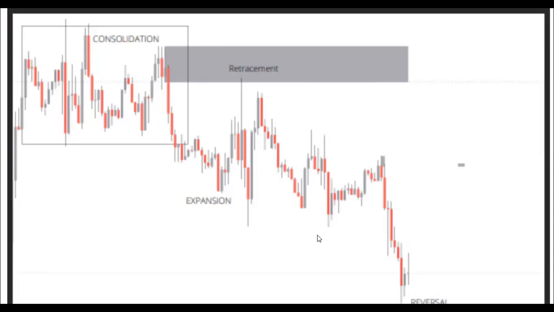So the liquidity really helps us to know our area of stop loss and also our area of take profit. That's why it needs to appear, so that we can put our stop loss and take profit.